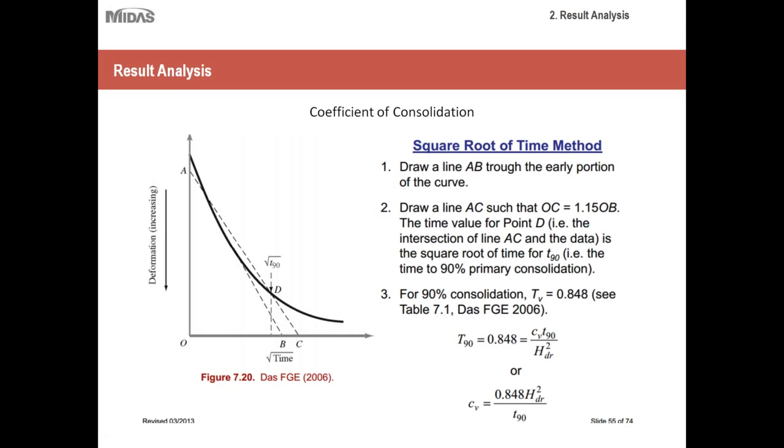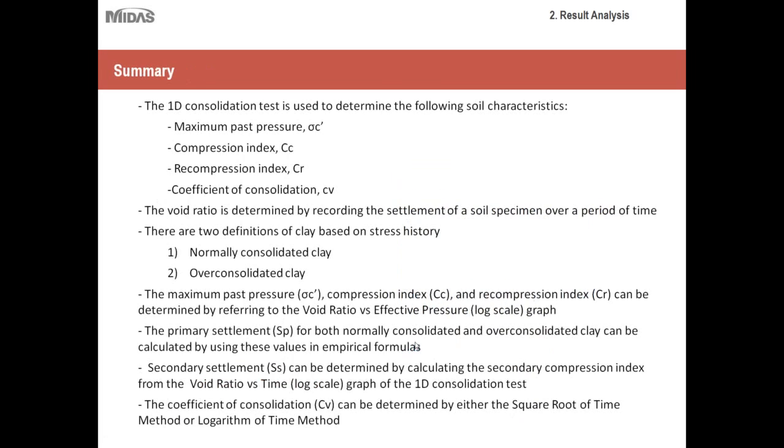Depending on the degree of consolidation or the percentage, you get a specific value for time, and then you plug it into this equation, and then you could get your coefficient of consolidation. So really it's a matter of preference as far as which method you use. Obviously this one's a little simpler, so a lot of engineers, I know, prefer using this one instead.